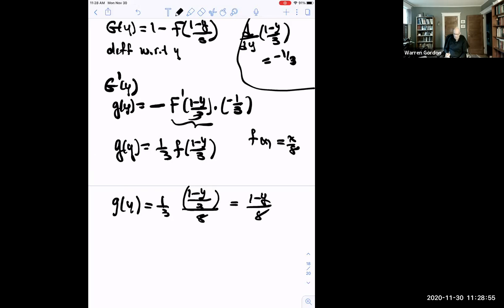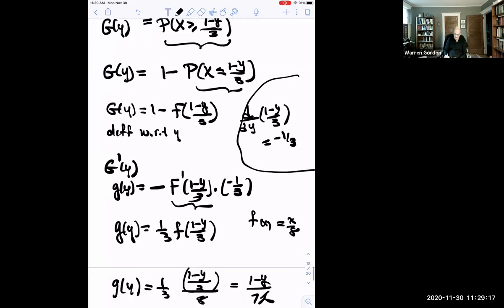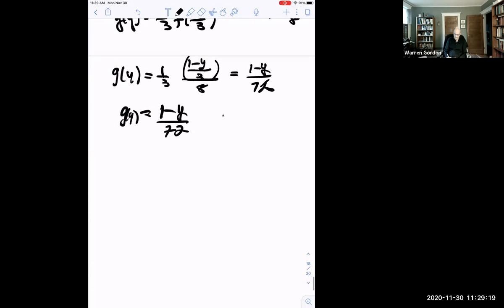Oh, I'm sorry, my arithmetic was wrong. This 3 is in the denominator, so I get a 72 here. So I've just shown g(y) is equal to (1 minus y)/72 if y is between minus 11 and 1, and 0 elsewhere.